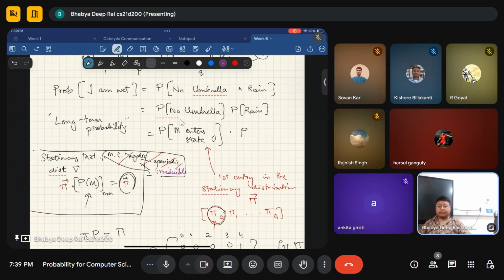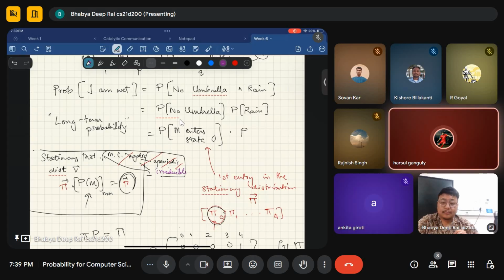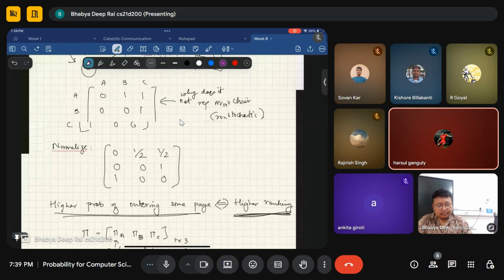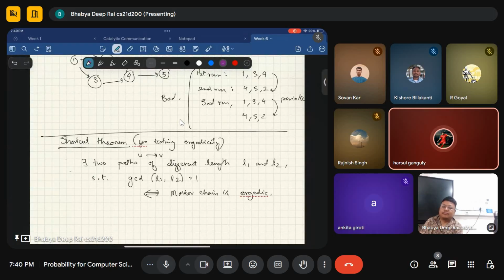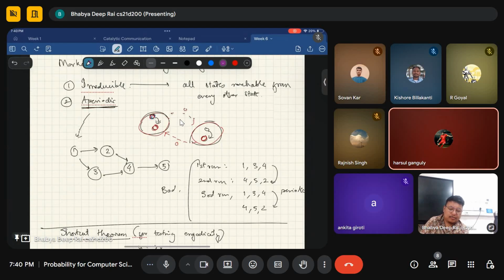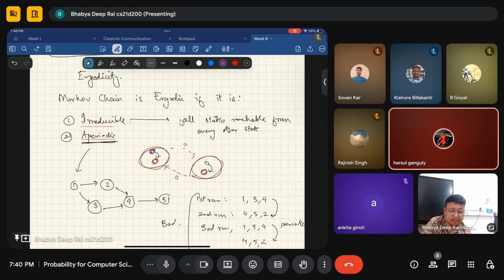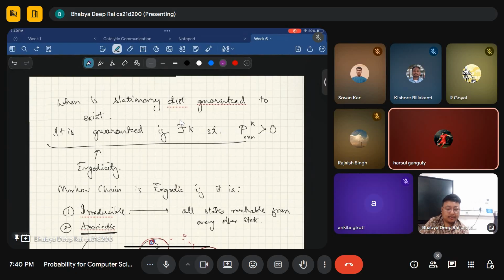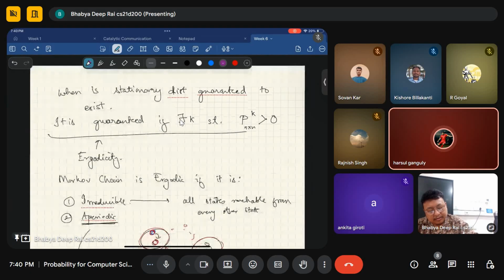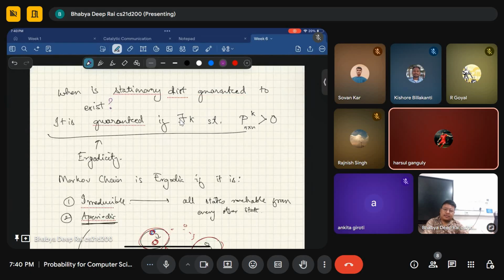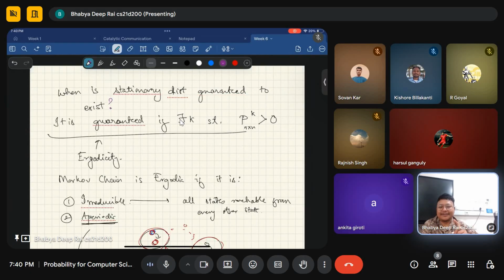Above that, the first line: when is a stationary distribution guaranteed to exist? It is guaranteed to exist if the Markov chain is ergodic.